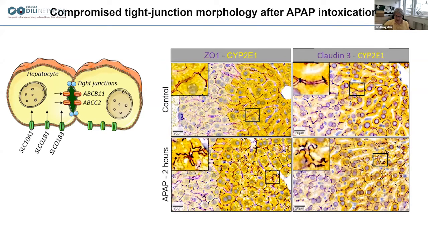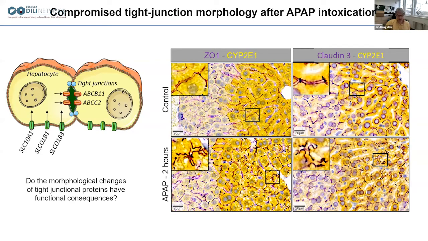These results motivated us to look a bit closer at tight junction proteins. ZO-1 and Claudin 3 are tight junction proteins of the bile canaliculi. And what we could see is that at 2 hours after overdose, they are not only widened, but give such a fragmented impression.